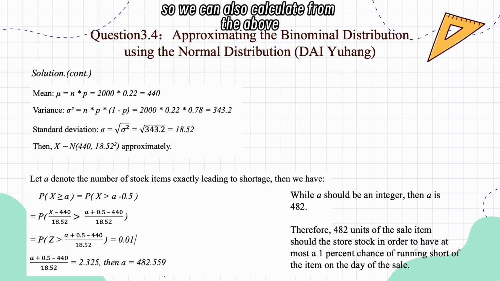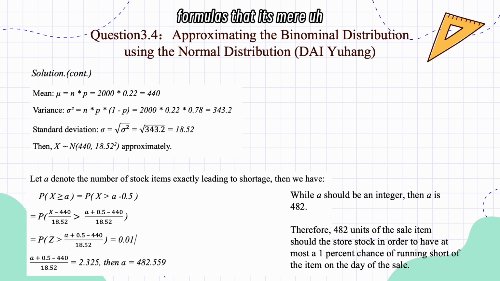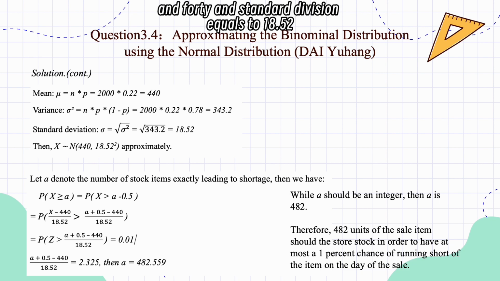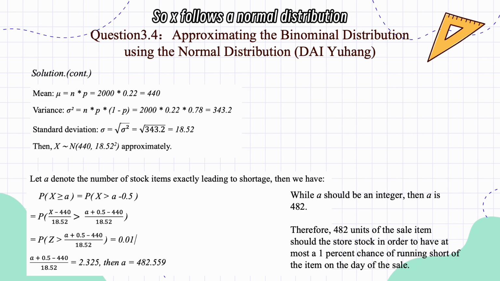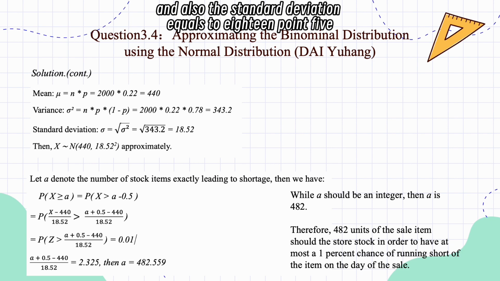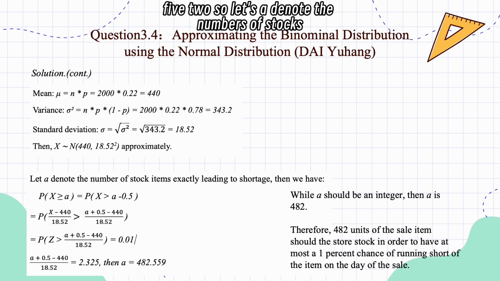We can calculate from the above formulas that mu equals 440 and the standard deviation equals 18.52. So X follows a normal distribution with mu equals 440 and standard deviation 18.52. Let A denote the number of stocked atoms exactly leading to the shortage.